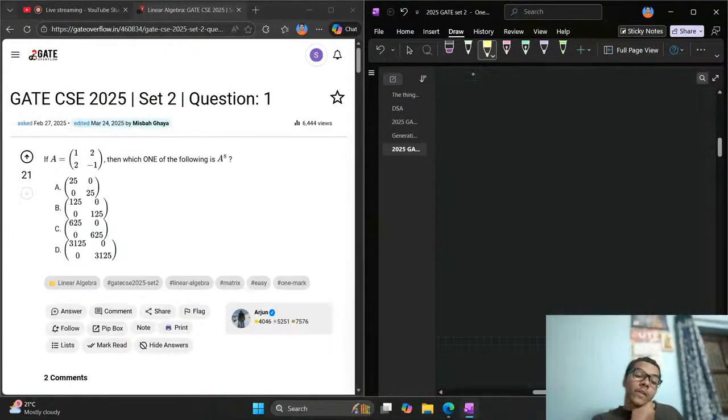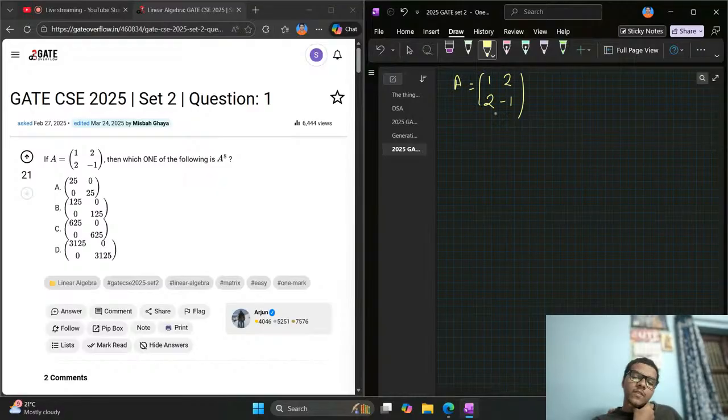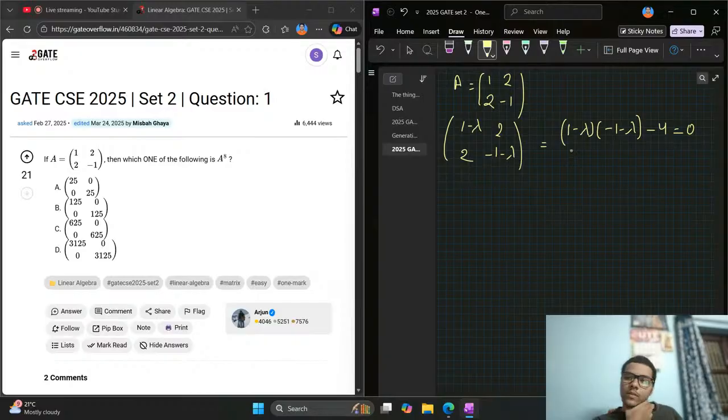So you are given A and you need to find A power 8. Can you find the eigenvalues for this one? 1 minus lambda. I have already seen this question, so I know that works out. Okay, AD minus BC: (1 minus lambda)(minus 1 minus lambda) minus 4 is equal to 0.